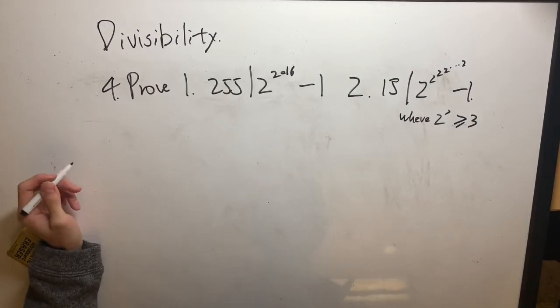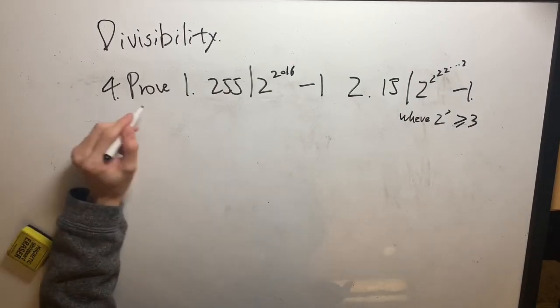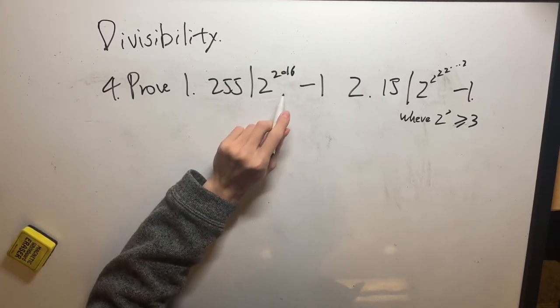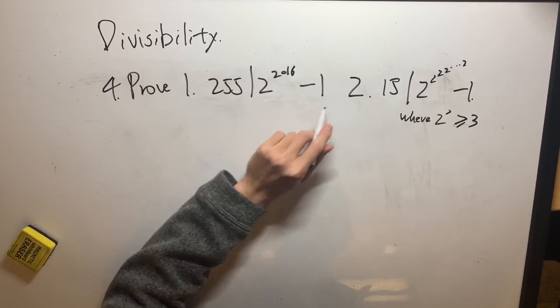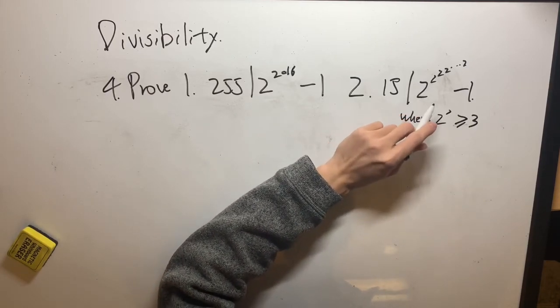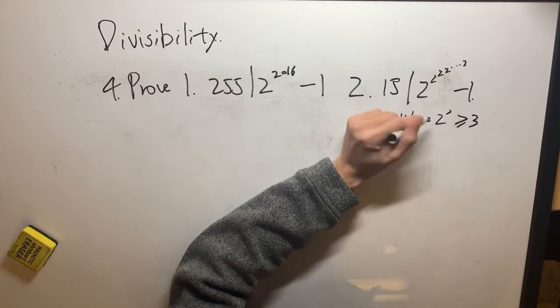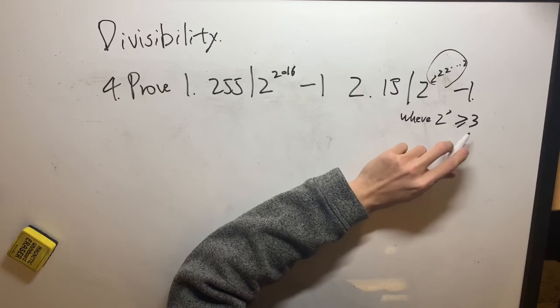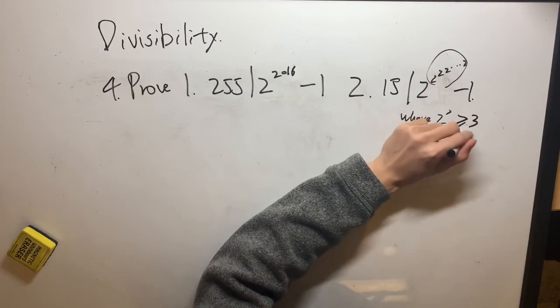Now let's look at the next question. Prove first that 255 divides 2 to the 2016 minus 1. Second, that 15 divides 2 to the power of 2 to the power of 2 and so on, minus 1, where the number of 2s is greater than or equal to 3.